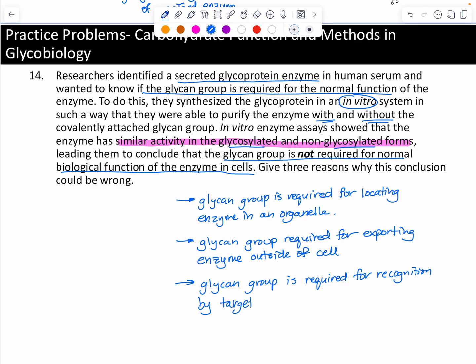So all 3 of these criticisms have to do with glycan groups being very good for having specific recognition, and so it's likely not to have anything to do with the enzymatic function, which was the only thing that was tested in the in vitro assay, and more having to do with targeting the enzyme and getting the enzyme where it needs to go. All right, so that's where we're going to stop.